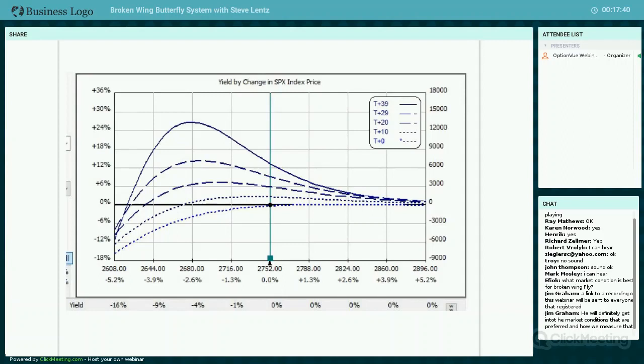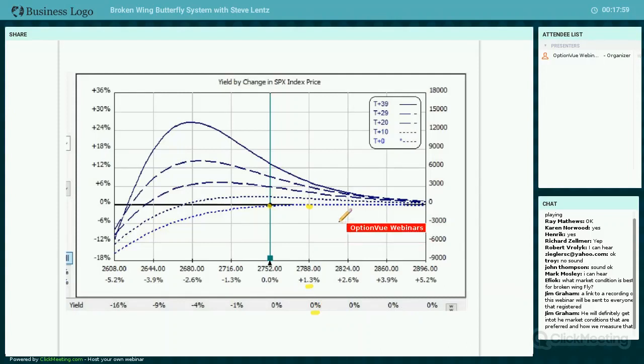We're looking at T plus 0, or today's risk line right now. Once you put this position on and begin your campaign, here you can see if the market moves up 1.3% to the upside in one day, we're not losing anything here.